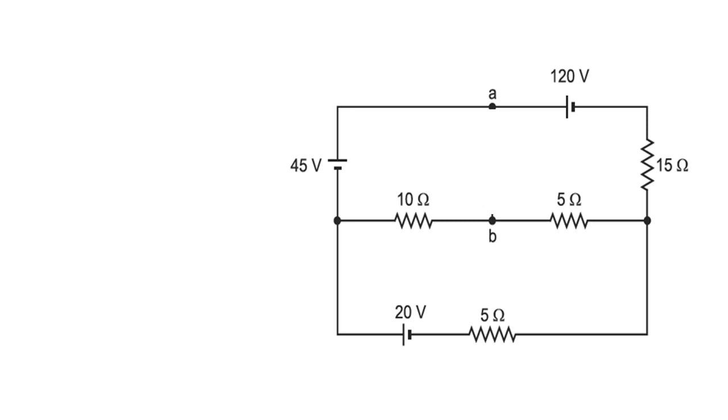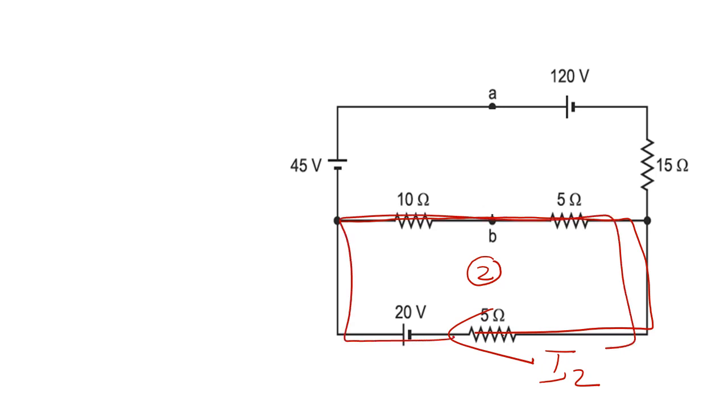Now we have to work in loop number 2. We assume the current passing in this circuit is like this, so this is the direction of I2, and I am moving in the loop.